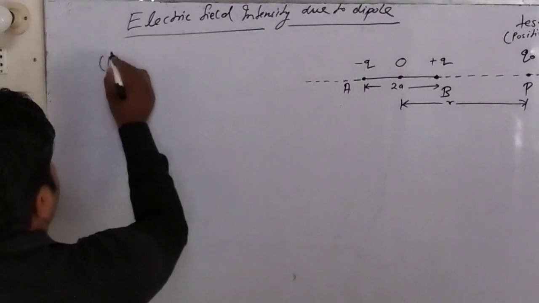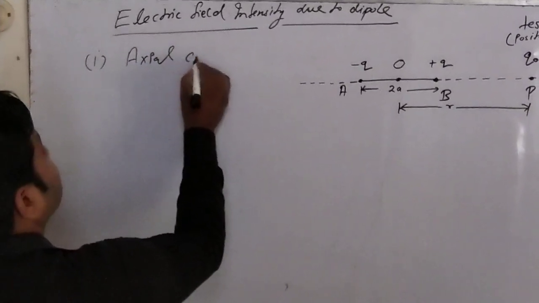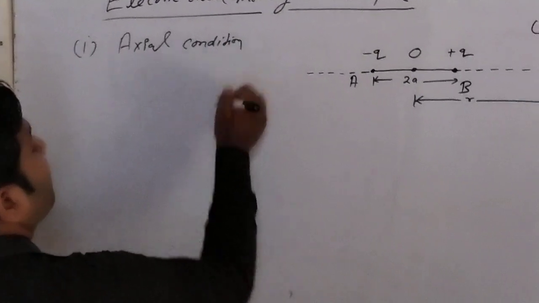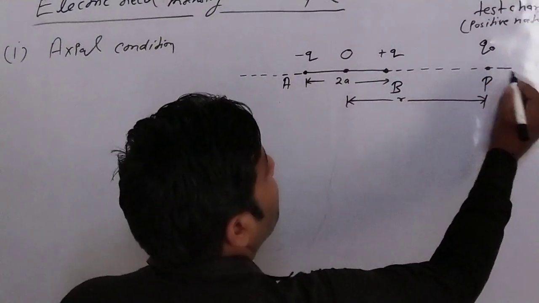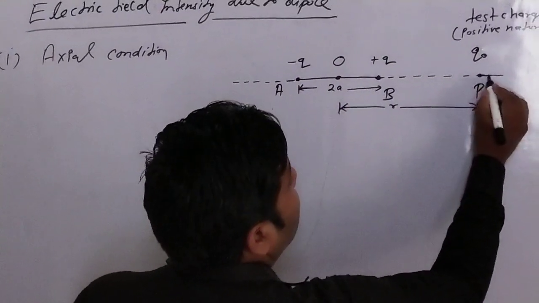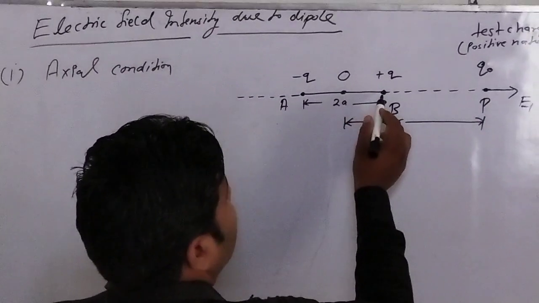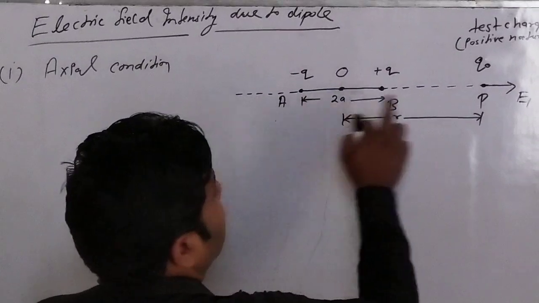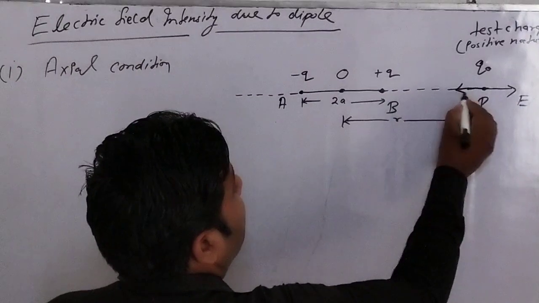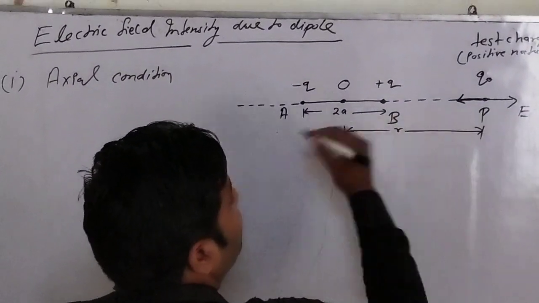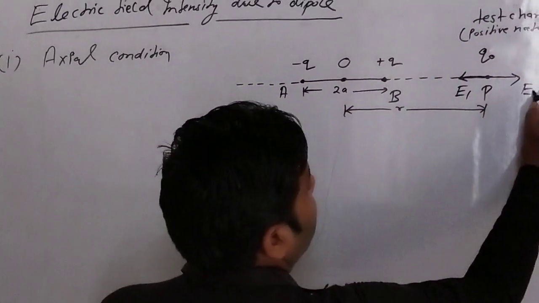Here, number one, the first condition, is the axial condition. In the axial condition the test charge lies at point P. Due to the minus q charge the intensity is E1 along PA, and due to the plus q charge it is E2.